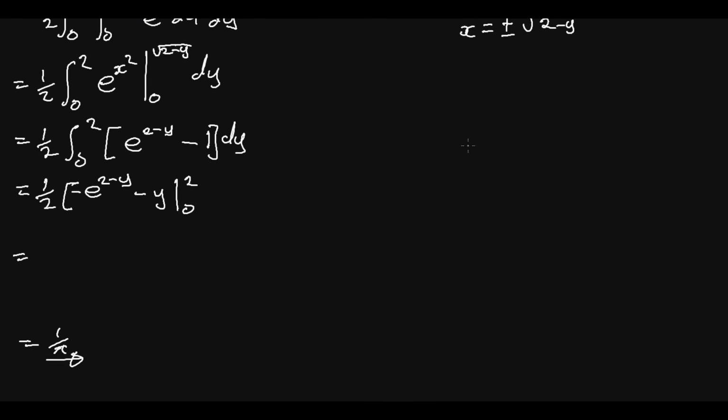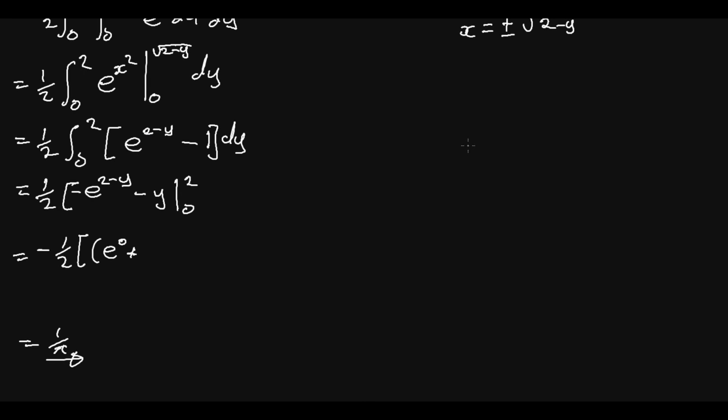So this is equal to, minus seems to be common, we put it outside, minus 1 over 2. So therefore, we apply the limits. So it will be e raised to 2 minus 2. Okay, I'll just write it as 0 minus.